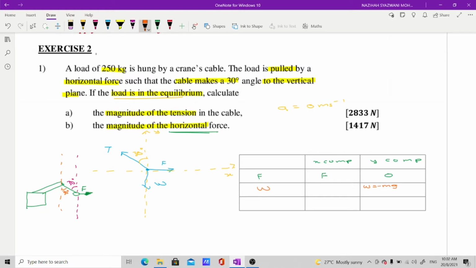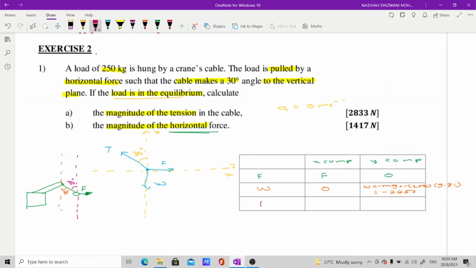We substitute: the mass is 250 kg, g is 9.81. Press your calculator, you get negative 2453. How about the x component of the weight? The weight is acting along the y component, so Wx equals 0.